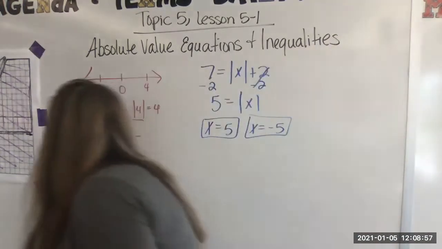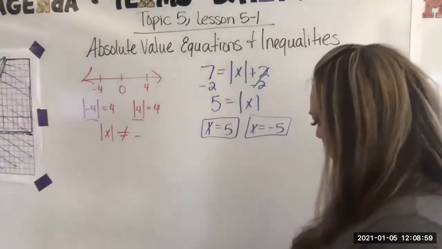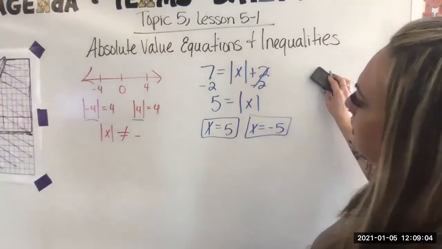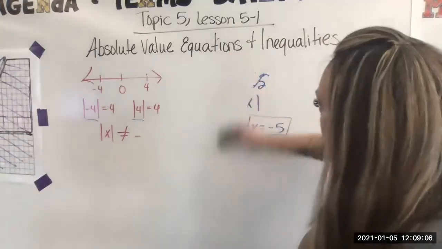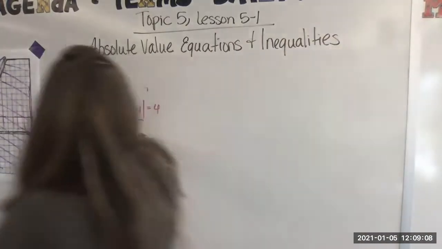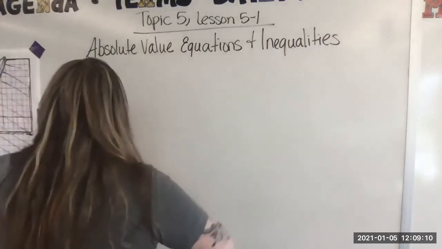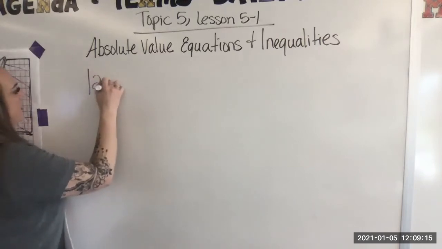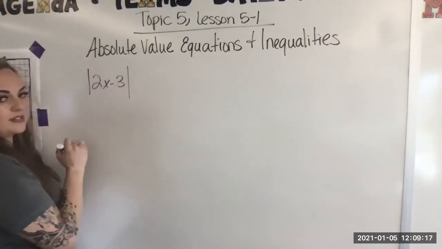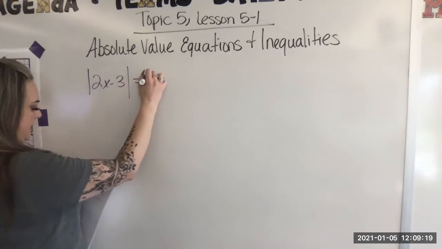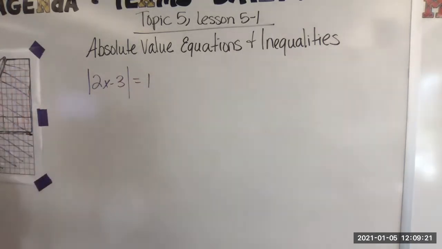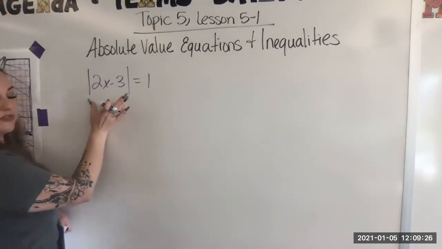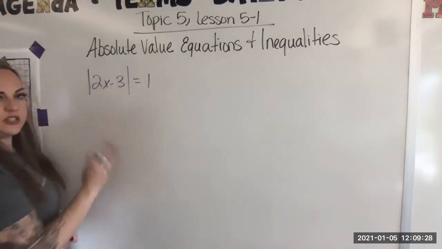Let's do another one. So if we have the absolute value of 2x minus 3, and that equals 1. Well, our portion here with the absolute value, it's already an expression that's isolated.